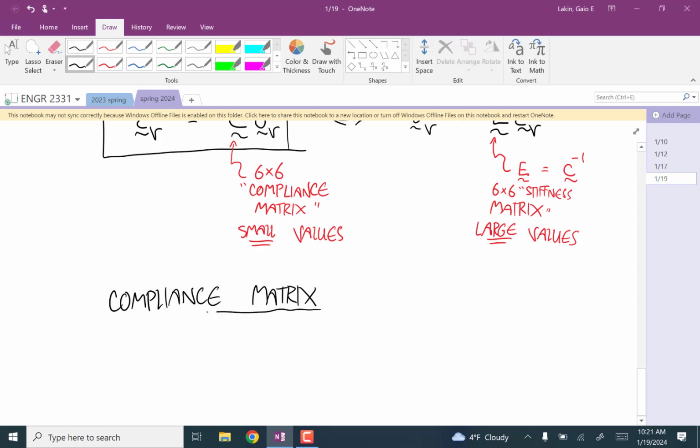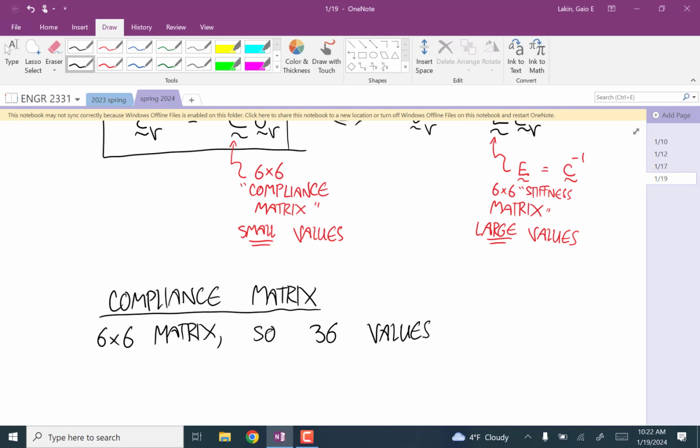Just because there's a 6 by 6, so 36 element matrix that relates these two things, doesn't mean that it's possible to come up with the 36 values that define it, right? It's a 6 by 6 matrix, so that means 36 values. Imagine this nightmare case where you had all these very tricky measurements to do on a lump of steel or whatever to figure out how to fill in this matrix for the steel you're using.